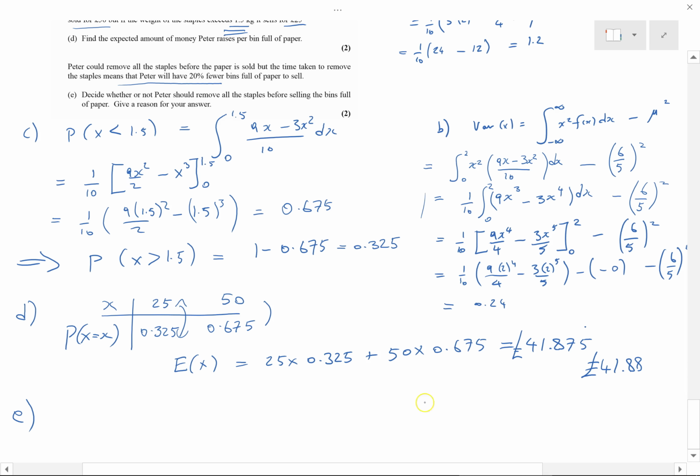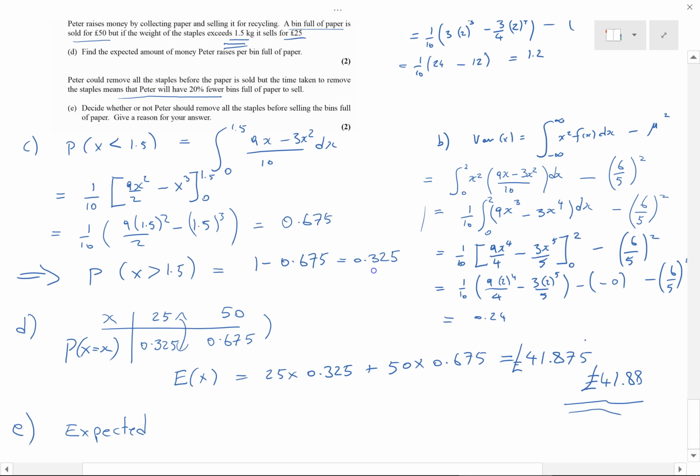Well, this is our key really. The expected money collected if staples not removed is the amount we've got here.